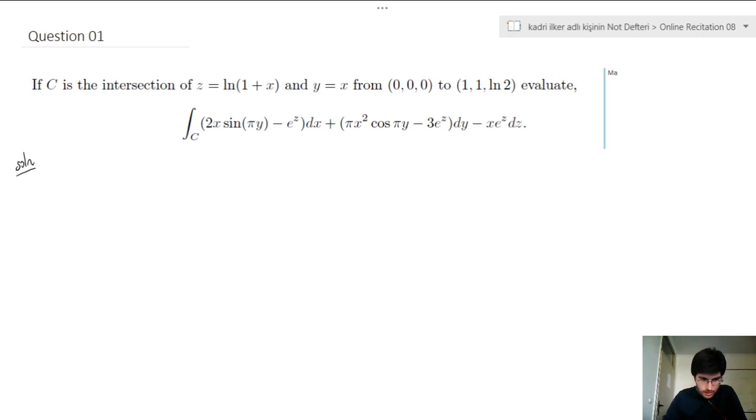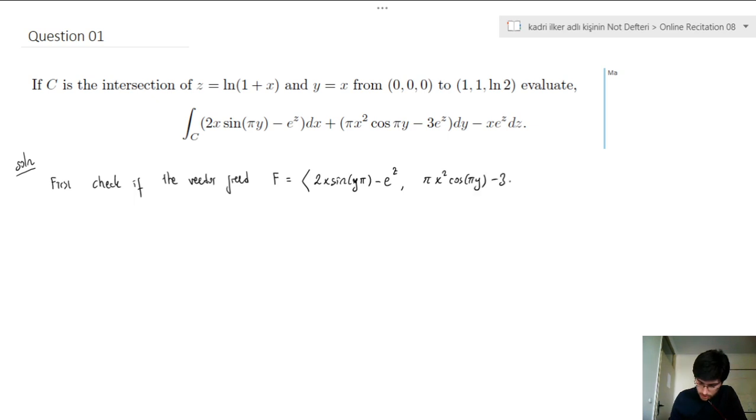So let's first check the given vector field. This is just a line integral of a vector field, which I will call F. The first component is y, pi minus e to the z, and the second component is pi x squared cosine pi y minus 3 e to the z.